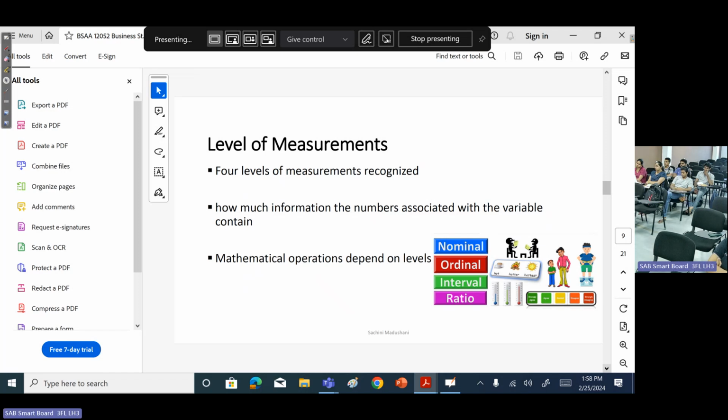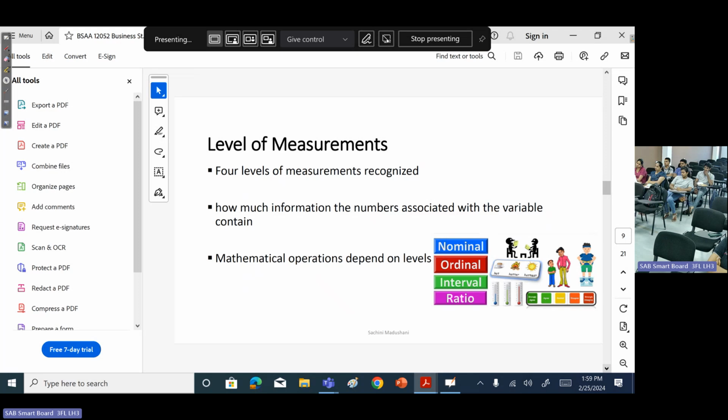There are 4 levels of measurement recommended. These levels of measurement describe the characteristics of the variable. Different kinds of variables are there, and the characteristic of a variable is represented by its level of measurement.